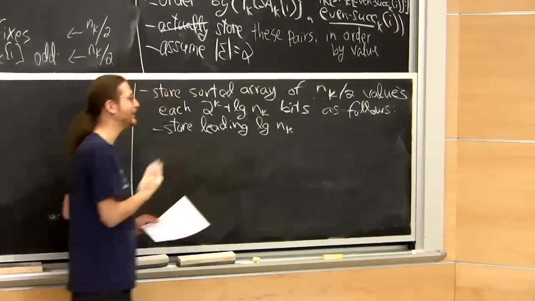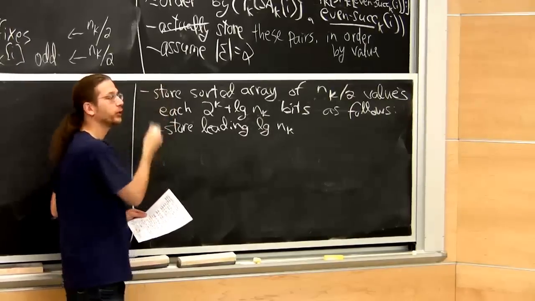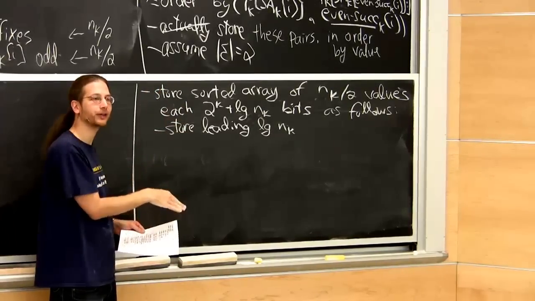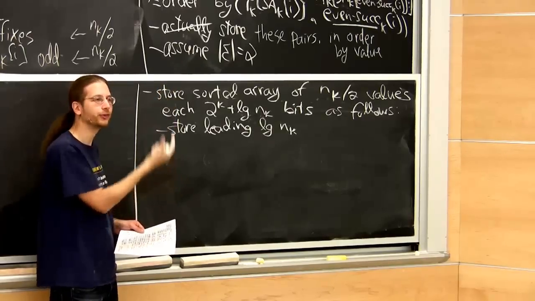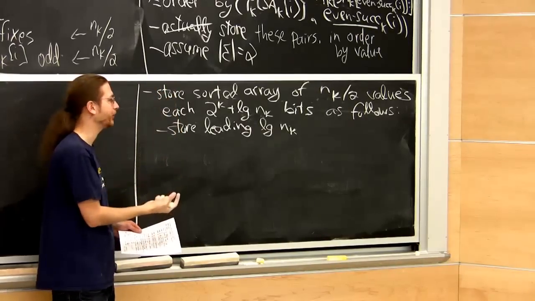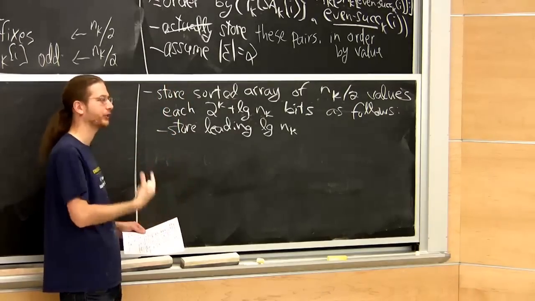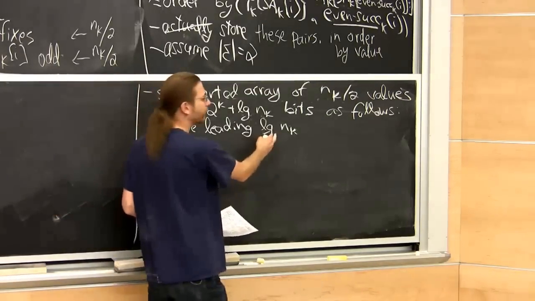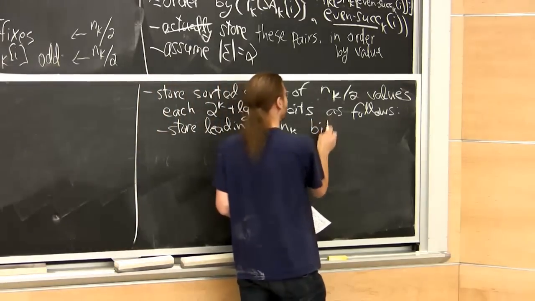But we're going to look at the leading log nk bits specially because this is a sorted order. This is a sorted list of bit vectors. So if you look at the leading bits, most of the time they're going to be the same. They don't change very much. Leading bits are going to be all zeros for a while, and then occasionally they'll increment. How many times will it increment? Nk times at most, if we look at the leading log nk bits.